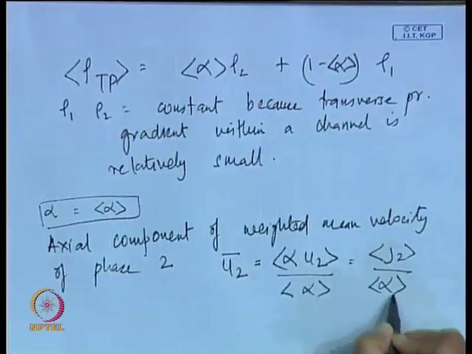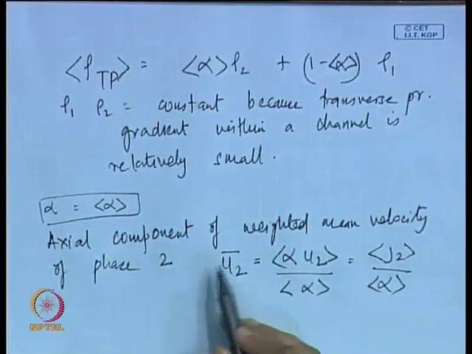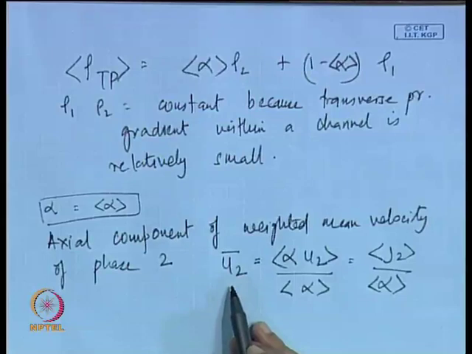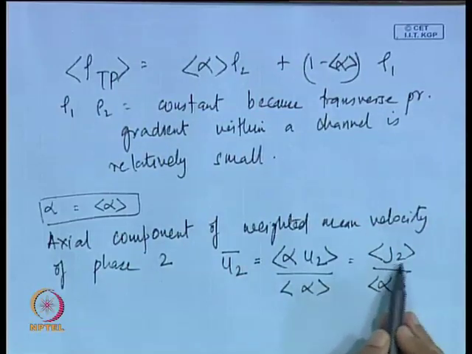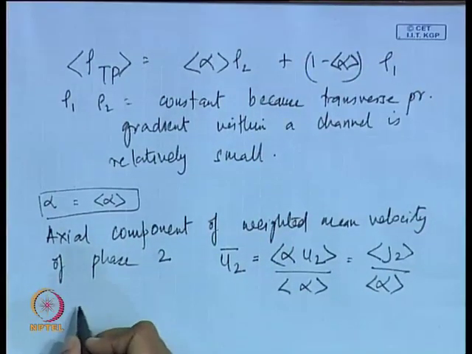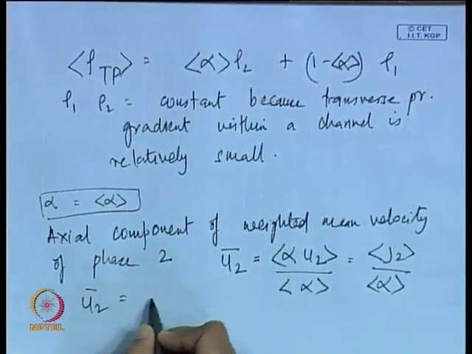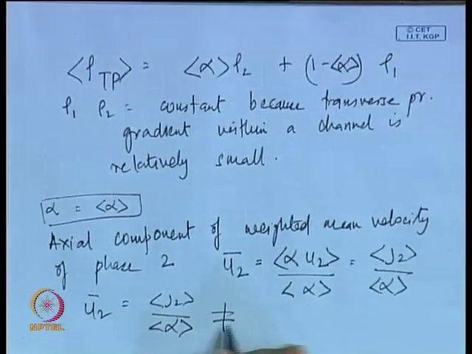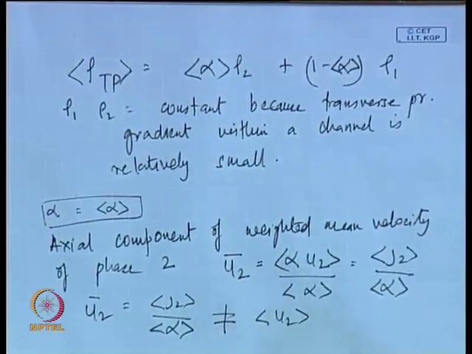So, please remember that the axial component of the weighted mean velocity of phase 2, U2 bar, is the average J2 divided by the average alpha. Please remember, this is not equal to the average U2.